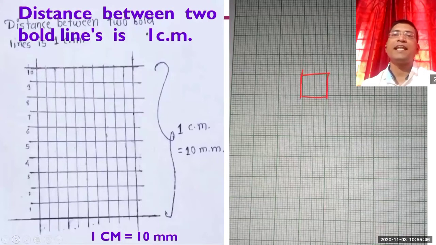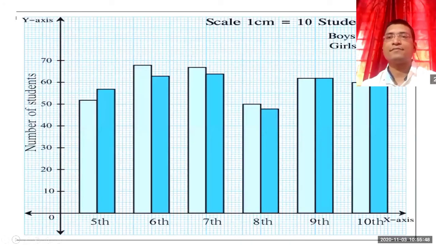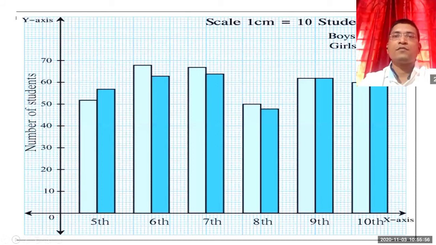Now we will see the next slide. The numbers are given, students: 52, 57. On 6th standard, how many? 68, 63. Count the numbers. After 60, how many? 67; they have taken 7 lines.